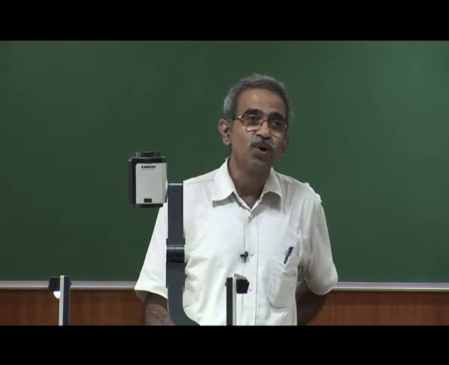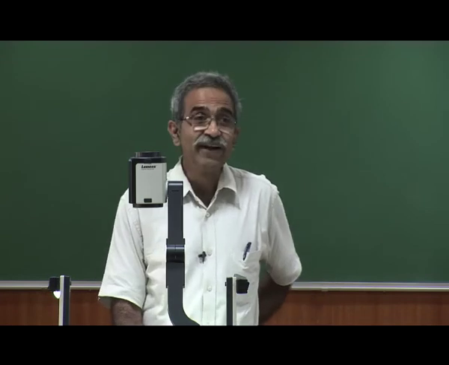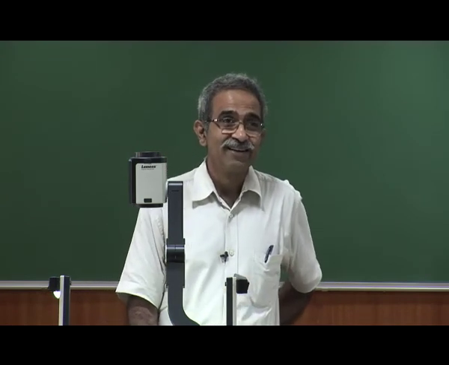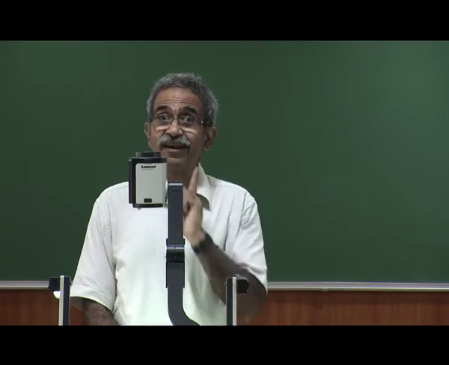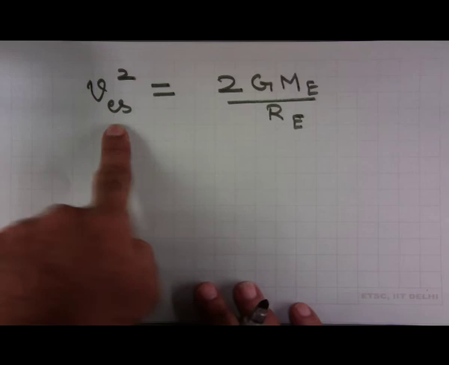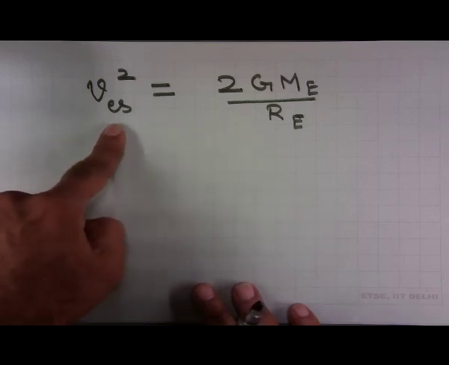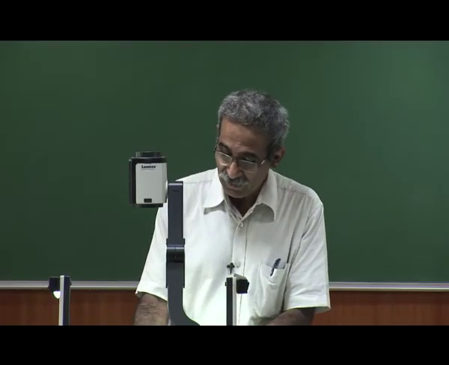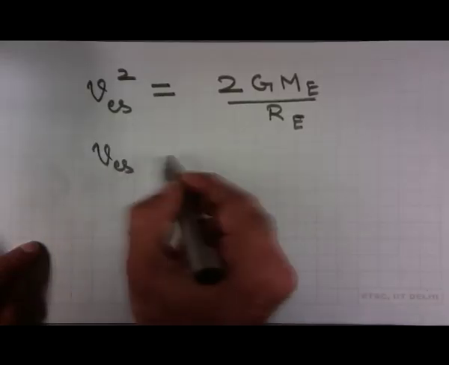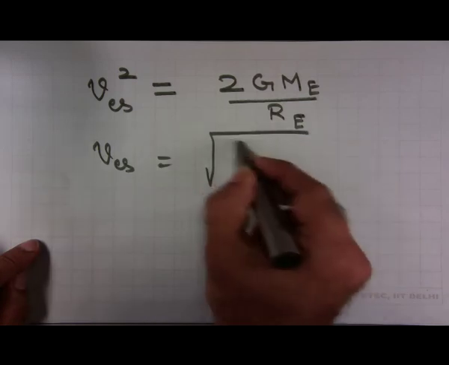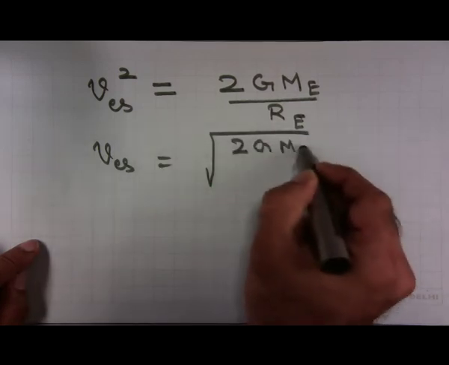We think that if you want to throw an elephant up, it should have higher velocity rather than, for example, a small piece of ball. That is not true. The escape velocity is the same, but the energies are different. For the same V escape, an elephant would have much more kinetic energy than the small ball. So this escape velocity is independent of the mass. So my V escape is given by root 2 G Me by Re.